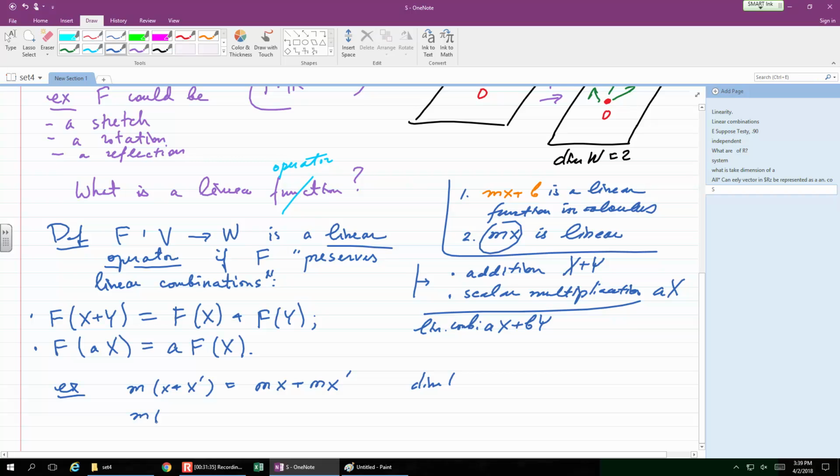My function is simply multiplication by m, so I can certainly factor things any way I like, and that's how I preserve linear combinations in the one-dimensional situation. So that's the simplest example of a linear operator in dimension 1.